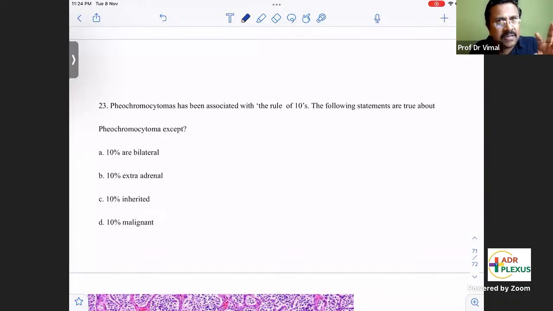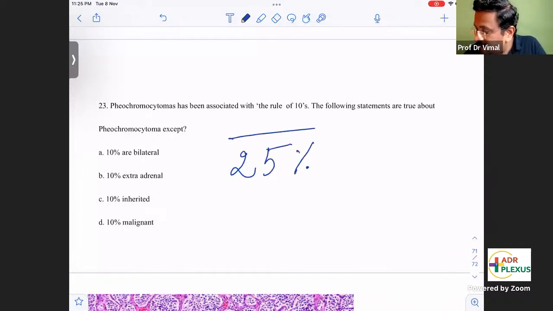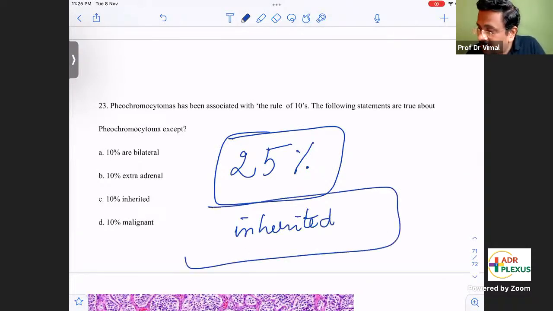Previously, many things were 10%: 10% bilateral, extra-adrenal, 10% occur in children, 10% turn malignant. The previous edition of Robbins also said 10% are hereditary. But in the recent edition, the update is that 25% of pheochromocytomas are inherited. It is not 10%. This is the recent update in Robbins.